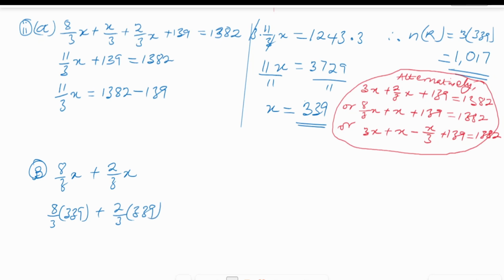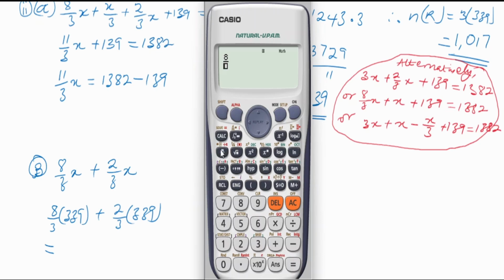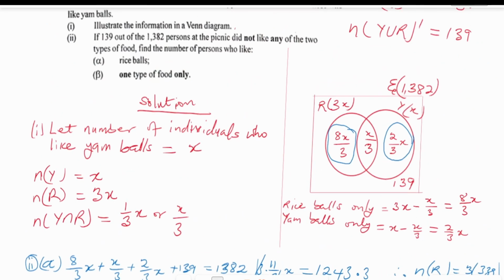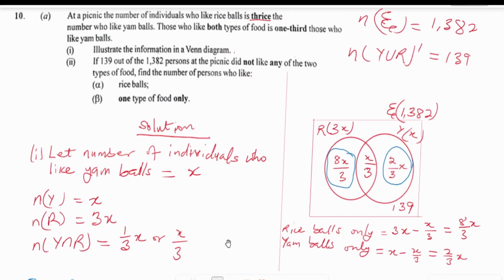And back to our calculator, that's going to be 8 over 3 multiplying 339 plus 2 over 3 multiplying 339, and that equals 1130. So 1130. And that is the last question for A.